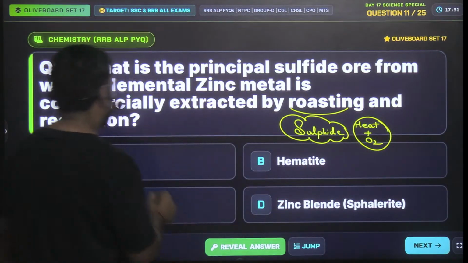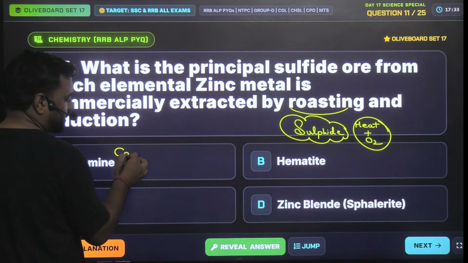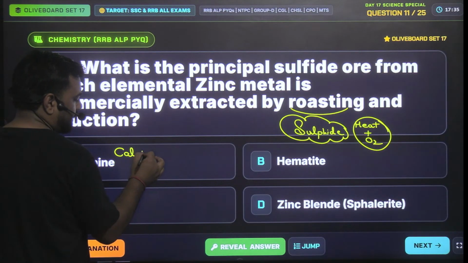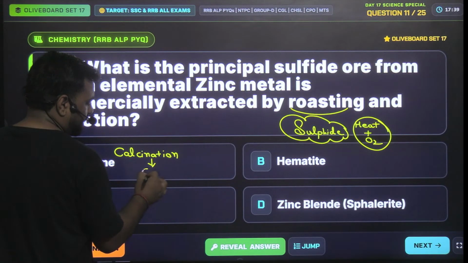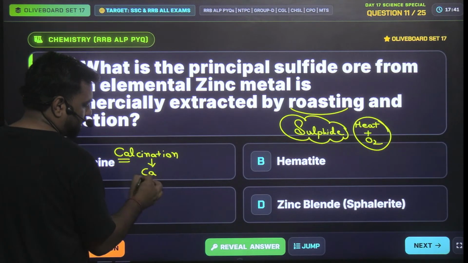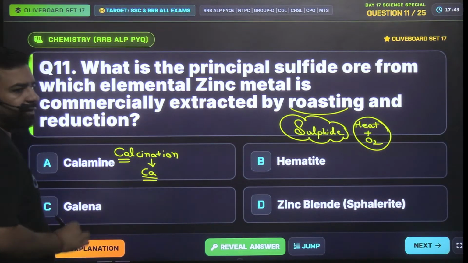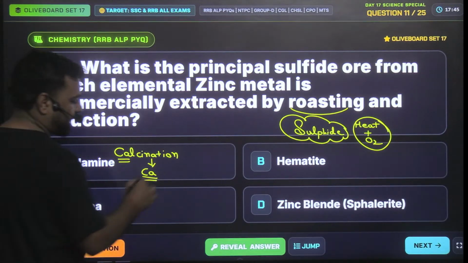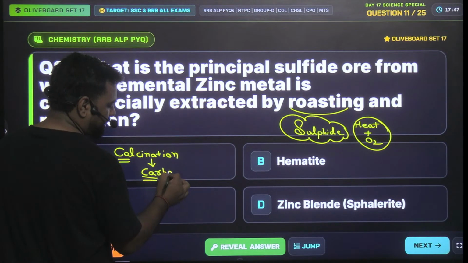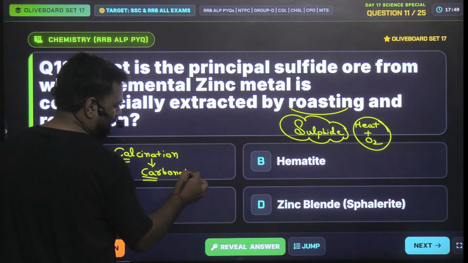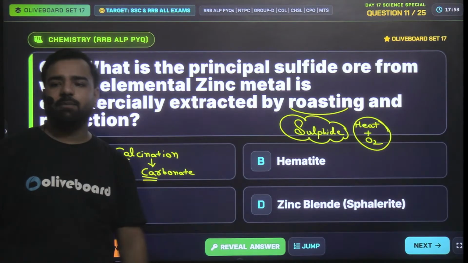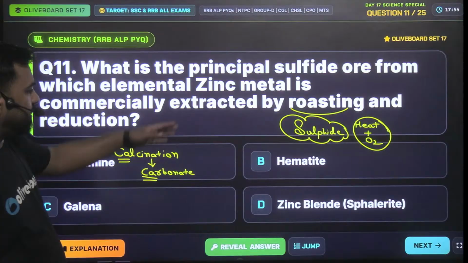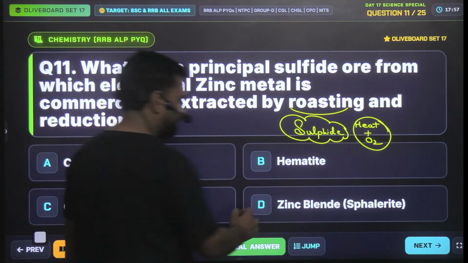But calcination is the process used for carbonate ores. So calcination is done for the carbonate ores, and here again heating is done but in a limited amount of oxygen. So here zinc blende, that is right.